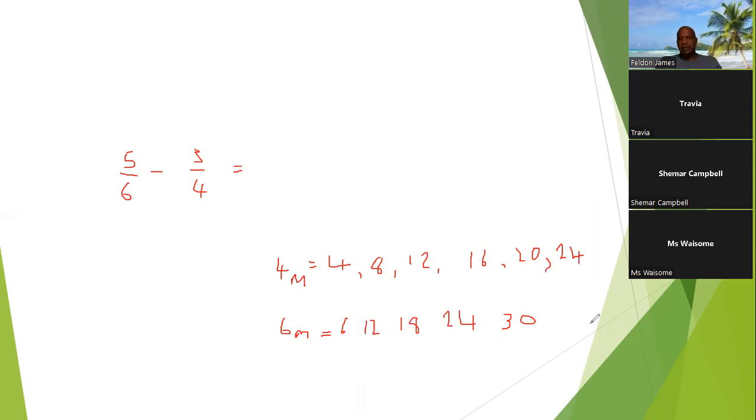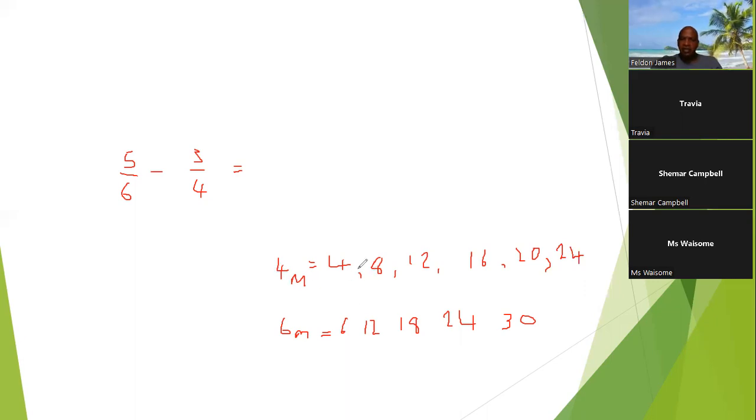All right. So multiples of 4 are what you get when you multiply 4 by the counting numbers. So you say 4 ones are 4, 4 twos are 8, 4 threes are 12. We call them multiples because you're multiplying the counting numbers by 4.